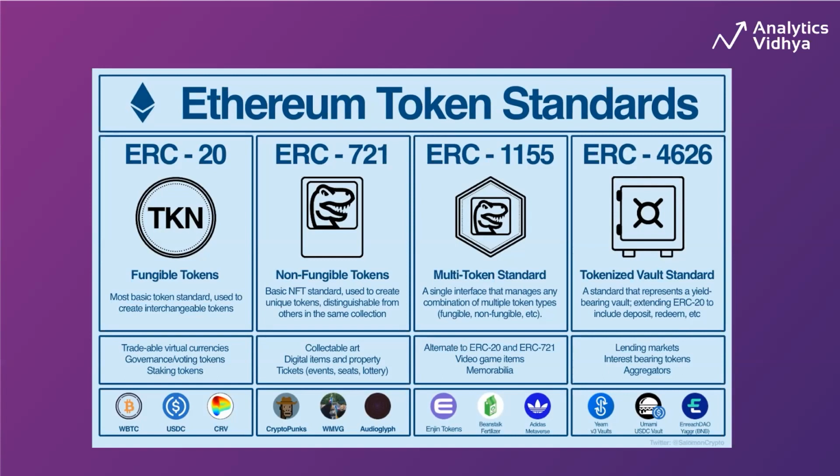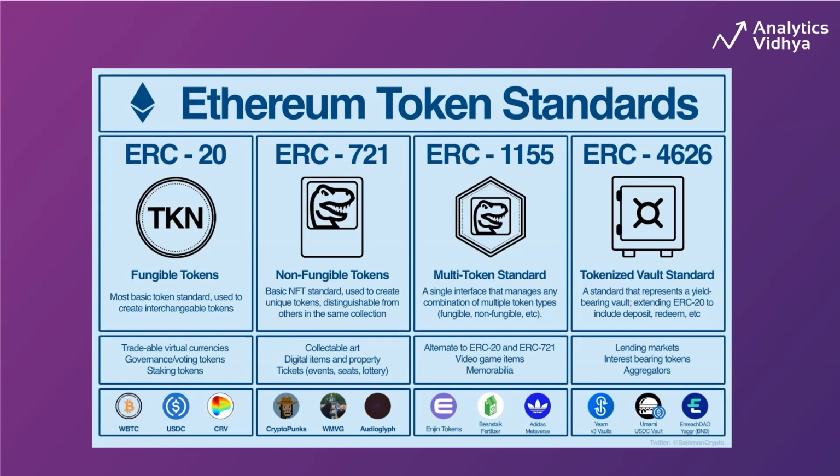ERC 4626 is the tokenized vault standard, which means it is a standard representing a yield-bearing vault. It extends the ERC20 token, including deposit, redeem, minting, withdrawing, all of which are features available in ERC20.